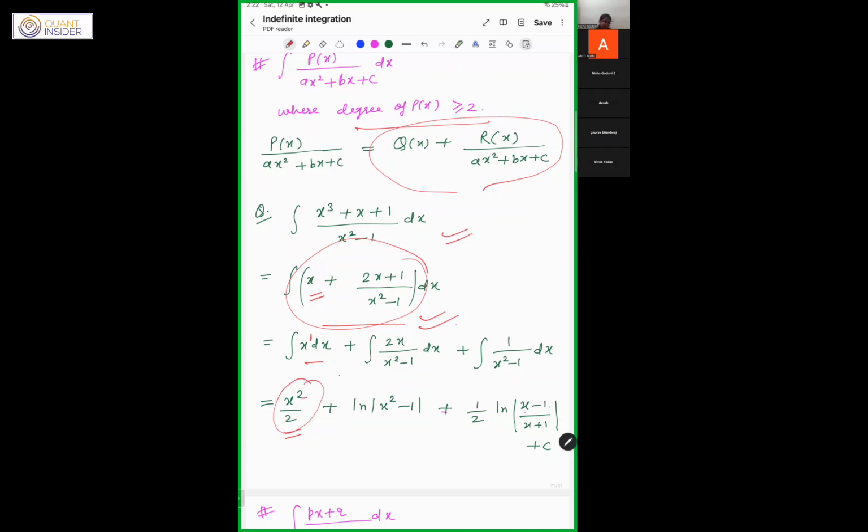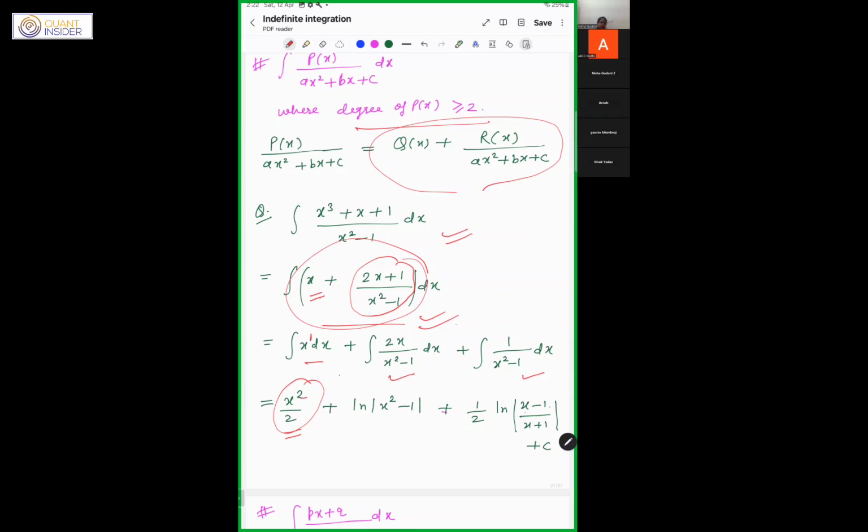Now for this term, you have 2x plus 1 upon x square minus 1. When you divide by x square minus 1 in both terms separately, you have 2x upon x square minus 1 plus 1 upon x square minus 1.